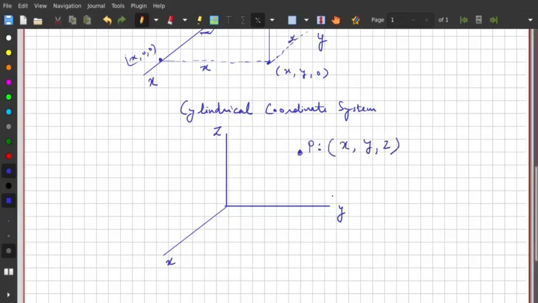The same point P, since it is in three-dimensional space, needs a three-tuple to represent it, but we can use a different one.